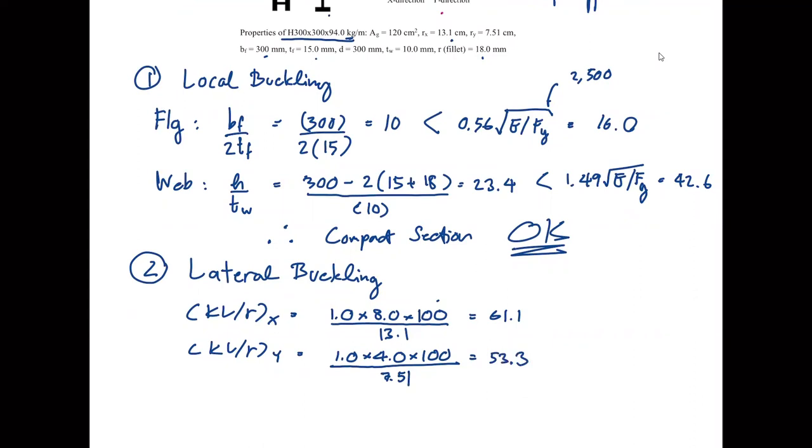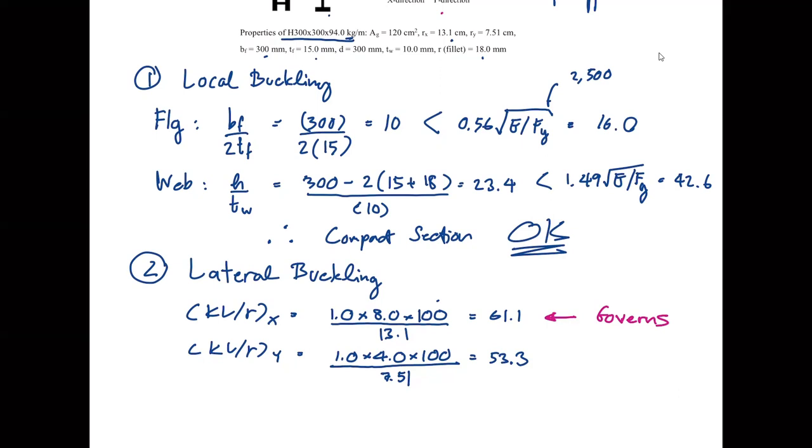So what does it mean? We can say this one governs, right? In fact, because of the presence of the bracing in the Y axis, this column is going to buckle in the X direction first.